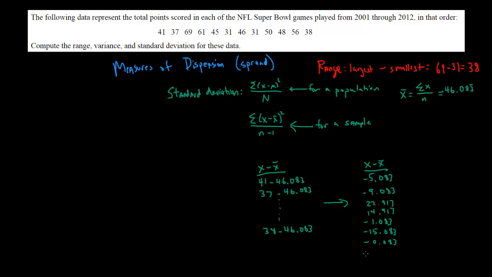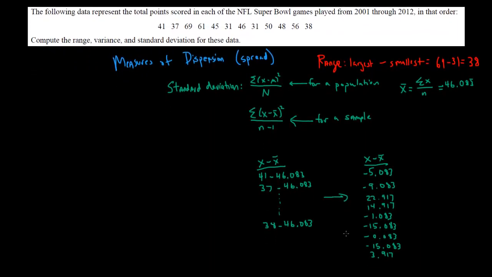That was the negative 15 value. Negative 15.083. Okay, then we have 50 minus 46.083. That is 3.917.